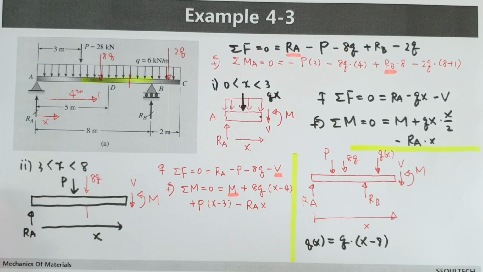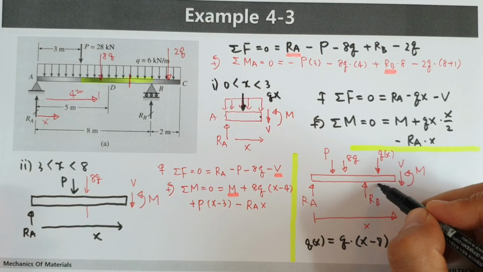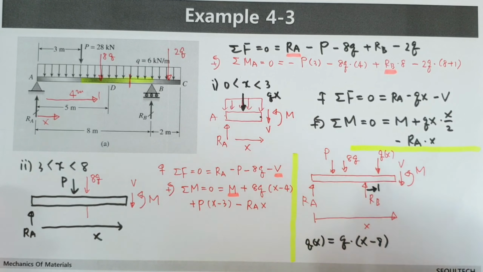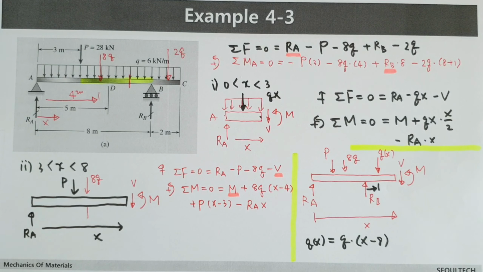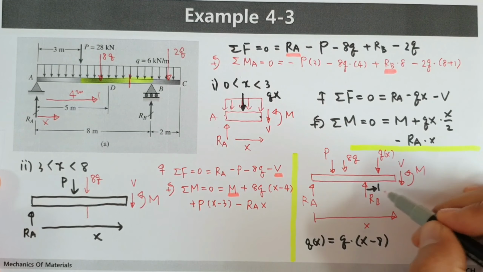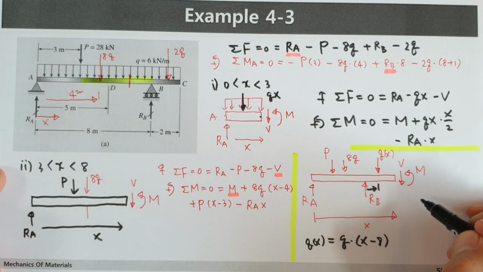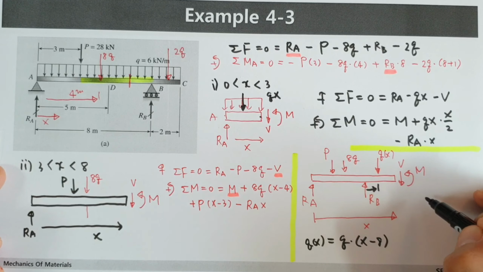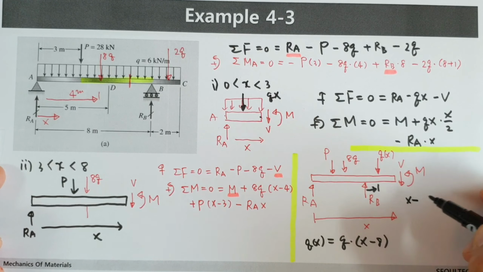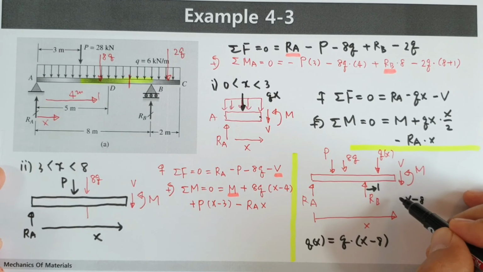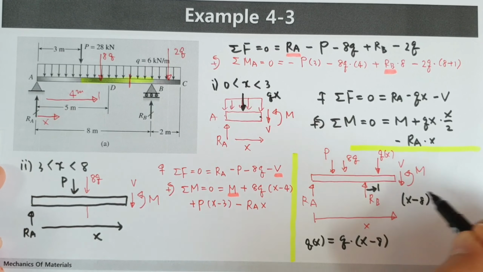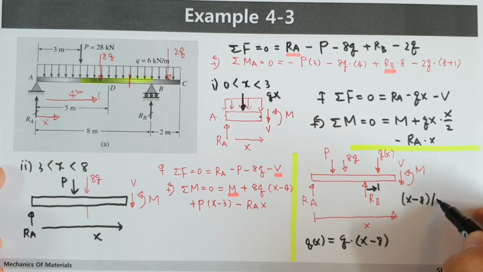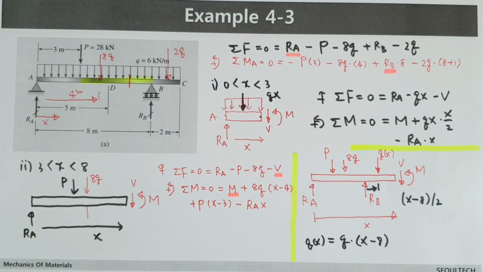X minus 8 is QX. Also, this distance is located in the middle, so the length is half of X minus 8, divided by 2. That's the length.